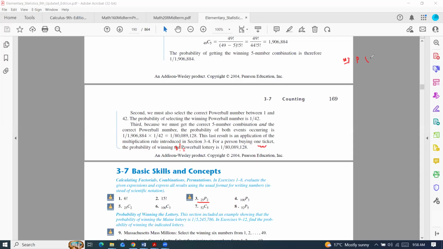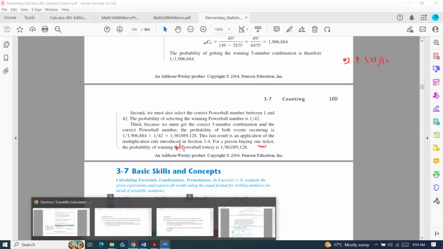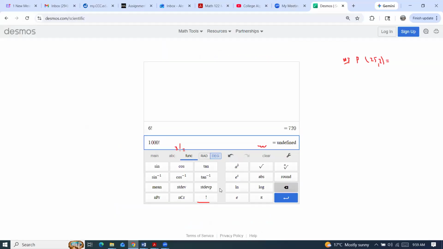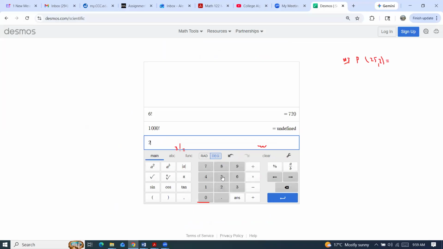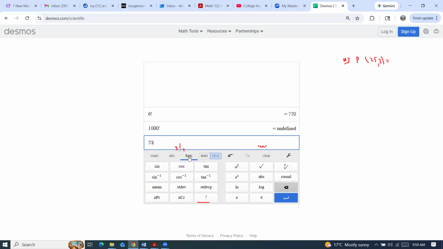25 to 2. I'm doing this a little differently, not 25 then P then 2, but 25 comma 2, because if I go back to the scientific calculator, go back to the main menu, 25, and then functions, right?